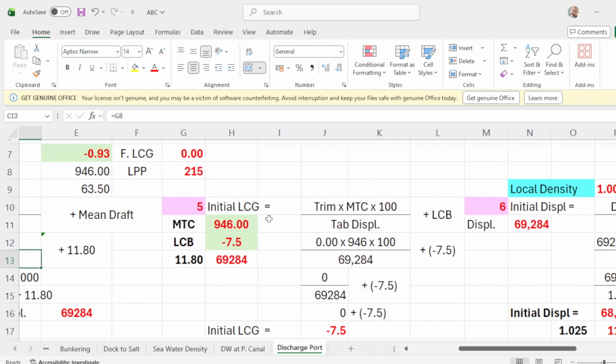This is finding the LCG. So LCG equals trim times MTC times 100 over tabulated displacement plus LCB. So I put in already the MTC, which is 964.